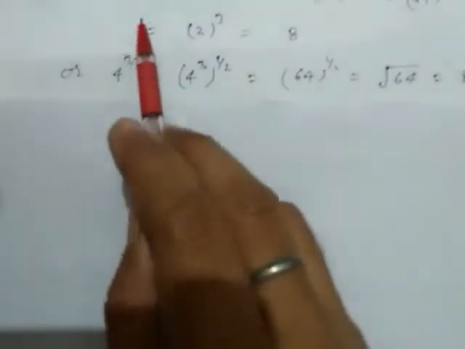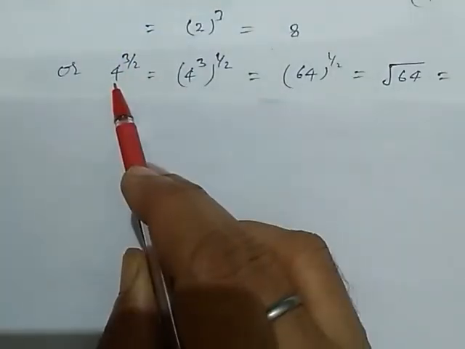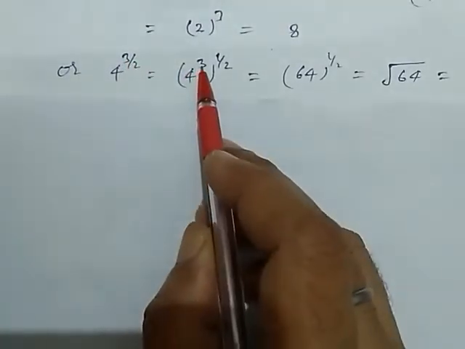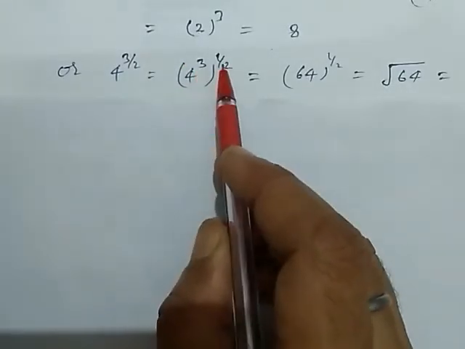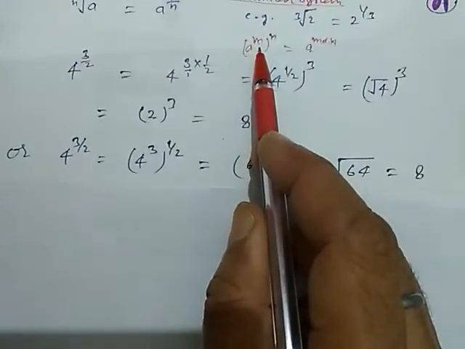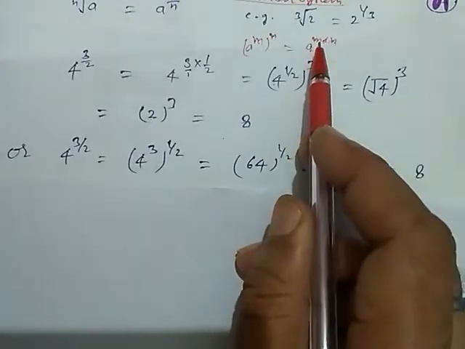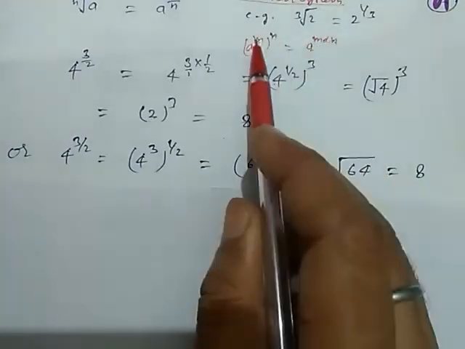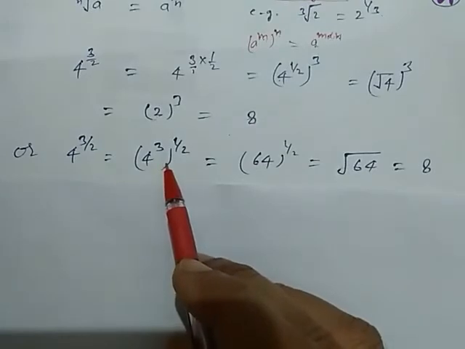This question we can also solve another way. 4 power 3 by 2. We put 3 on the inner side and half on the outer side. This is m and this is n. As we learned here, a raised to the power m whole power n equals a raised to the power m into n. So if we have anything in this form, we can write it in this form. The same we are doing here.